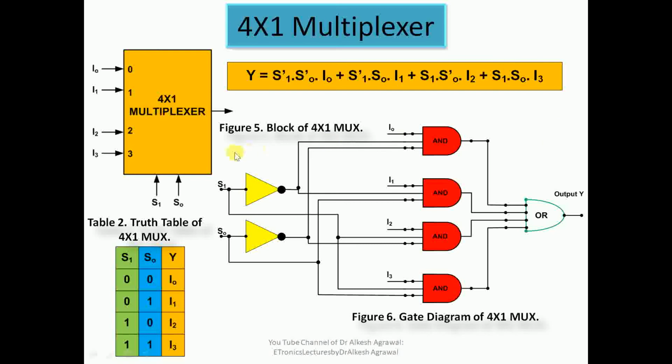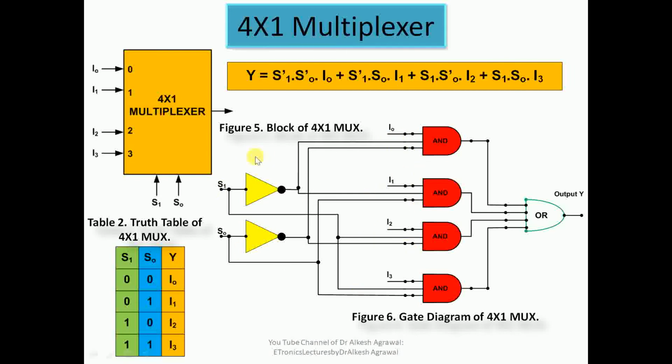Now the functioning can also be understood through this gate diagram. We have 4 AND gates, 2 selection inputs through these inverters, and 1 OR gate which forwards the information coming out of these 4 AND gates. One of the inputs of all these AND gates are the information inputs I0, I1, I2, I3.